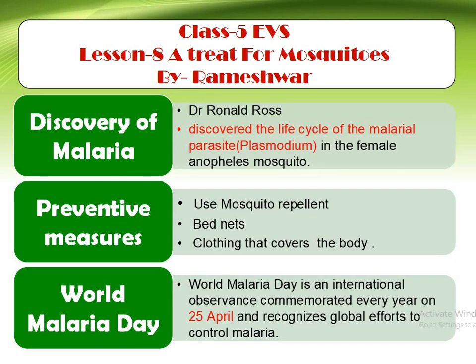We can use mosquito repellent, bed nets, and clothing that covers the body. And one more thing, World Malaria Day, which is an international observance commemorated every year on 25th of April and recognizes global efforts to control malaria. So these are the points we are going to study through this video.